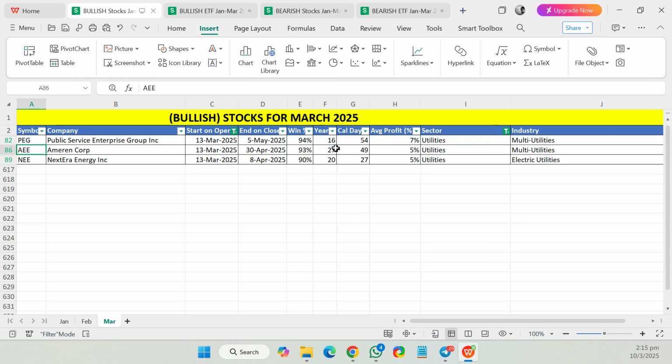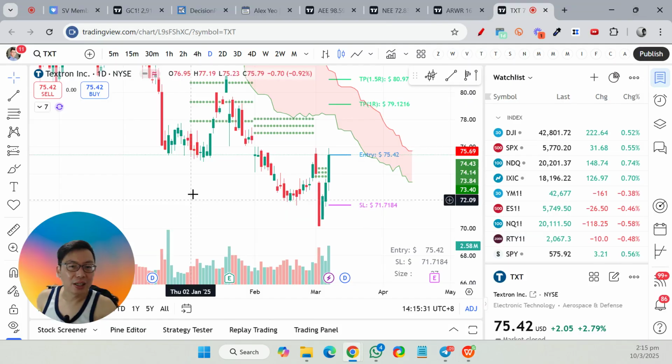For the past 27 years, 93% of the time it went up. Average profit is 5%. If you really want to go long, then the next best is to catch the short-term swing, possibly the S&P ETF or index. Other than that, I'm not so keen to go long, and not so keen to go short right now either. So with that, thank you so much.